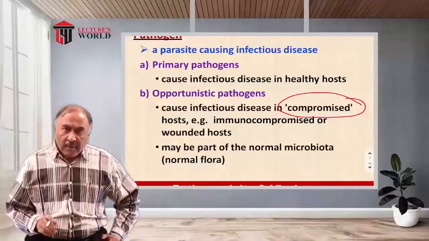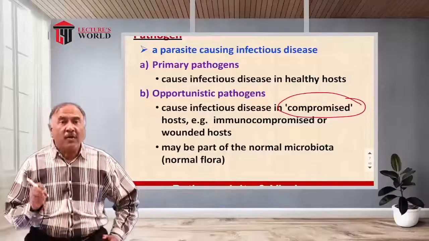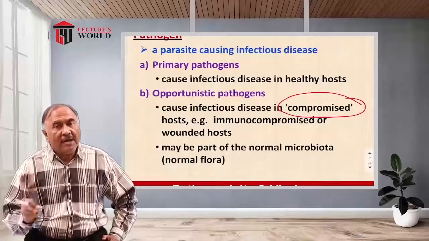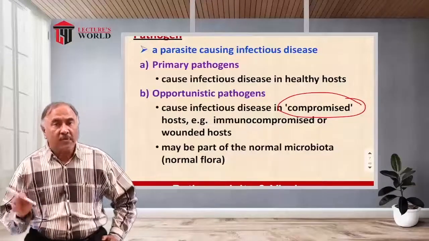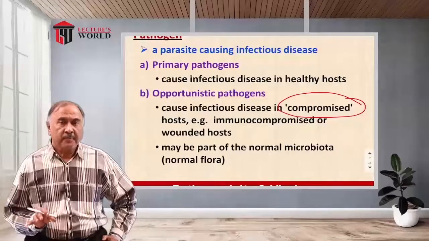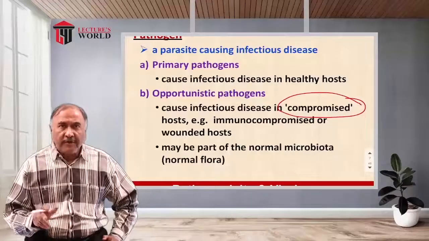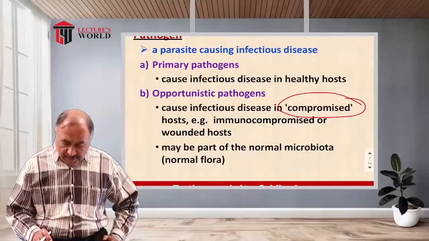So such organisms, which cannot directly cause infections in a healthy individual unless that individual is compromised, are known as opportunistic pathogens.